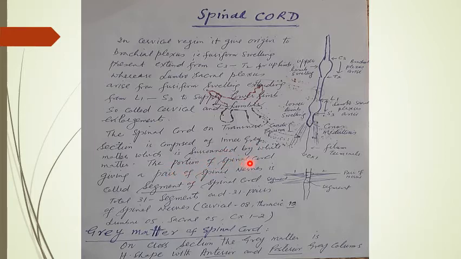The portion of the spinal cord giving a pair of spinal nerves is called a segment of the spinal cord, as shown. Say this is a small portion which gives on each side a spinal nerve, right and left. So together they form a pair of nerves. That nerve arises as many rootlets.